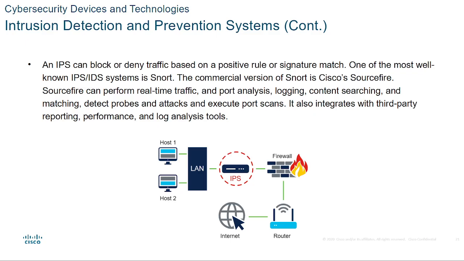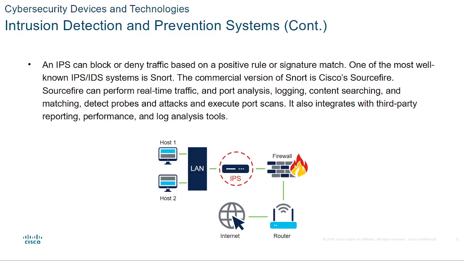An intrusion prevention system can block or deny traffic based on a positive rule or signature match. One of the most well-known intrusion prevention or intrusion detection systems is Snort. The commercial version of Snort is Cisco's Sourcefire. Sourcefire can perform real-time traffic and port analysis, logging, content searching and matching, detect probes and attacks, and execute port scans.